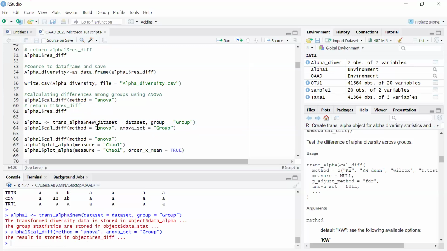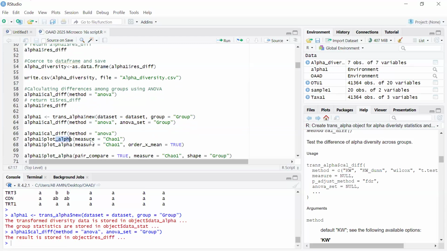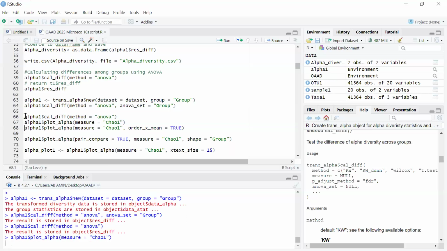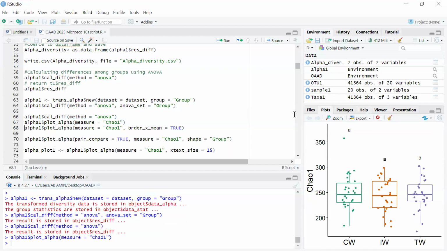And here we calculate the matrices, CHA1, if we remember the CHA1, we want to plot it here. So I think we are beginning to see results of what we are doing. So this is the CHA1 alpha diversity matrix between the groups.